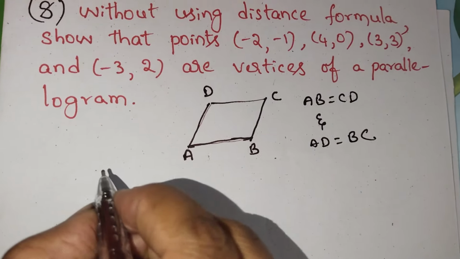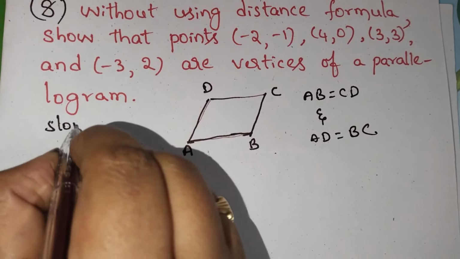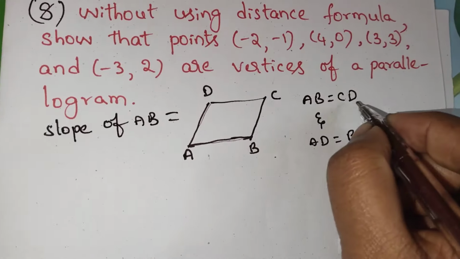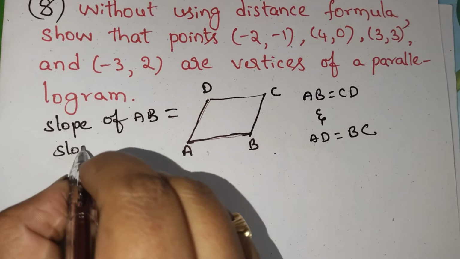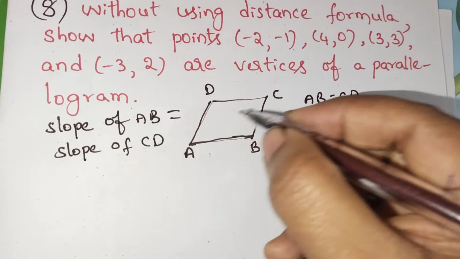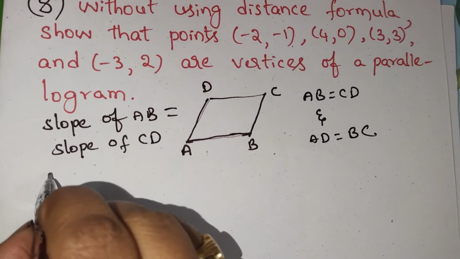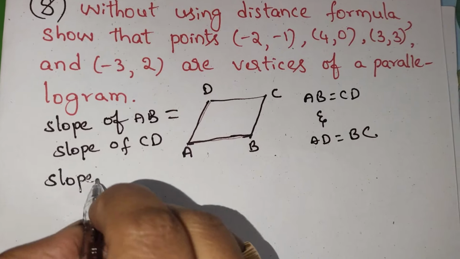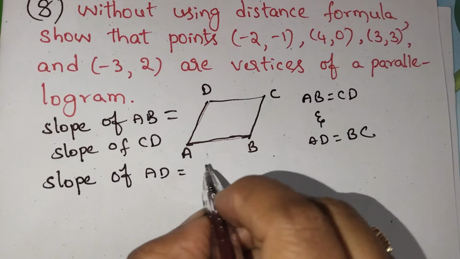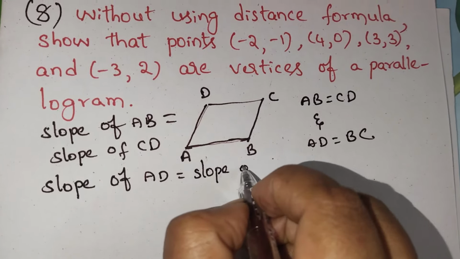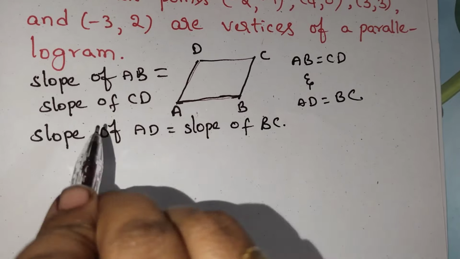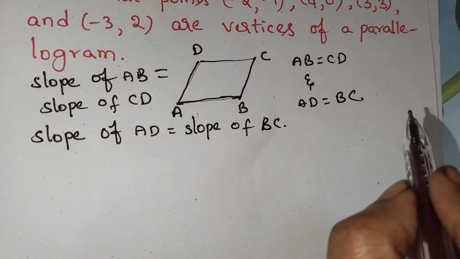Slope of AB equals slope of CD, and slope of AD equals slope of BC. So if these are equal, it is a parallelogram.